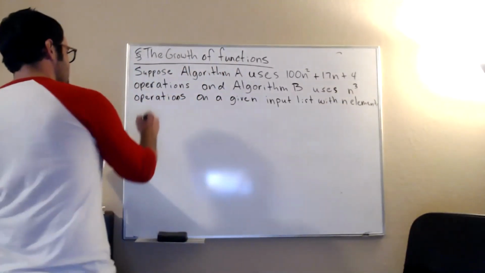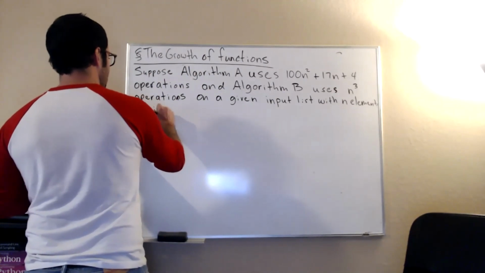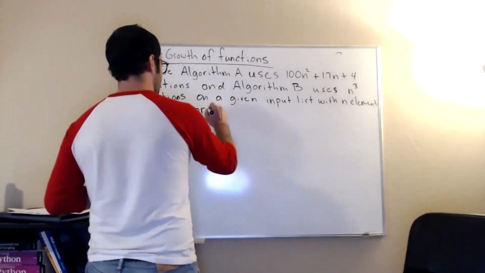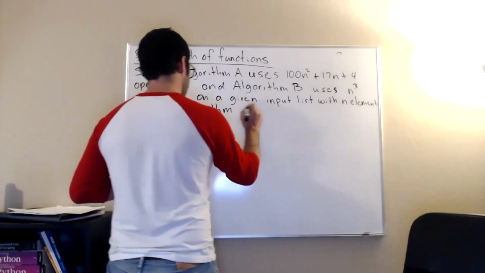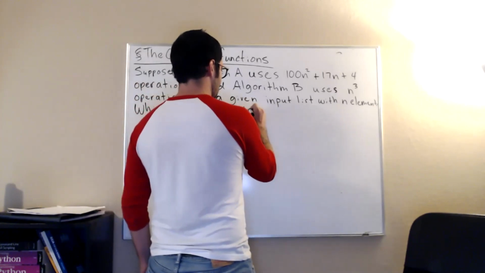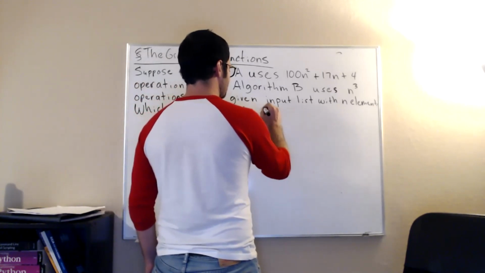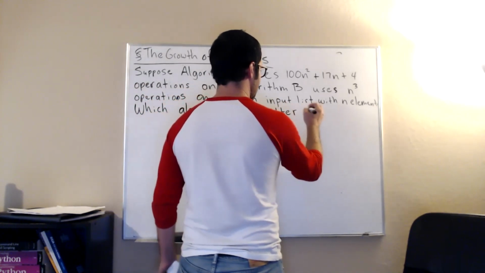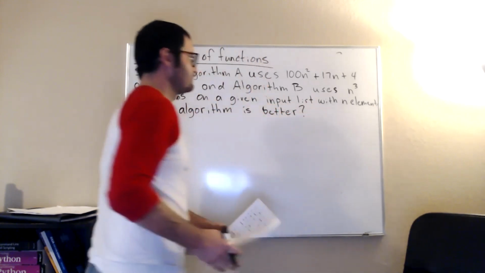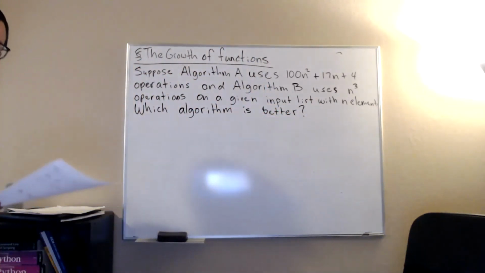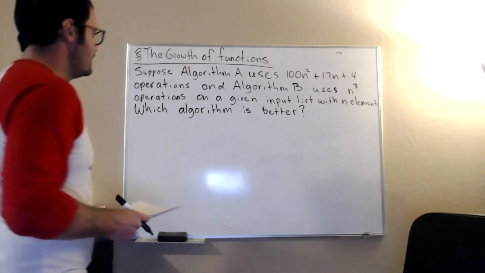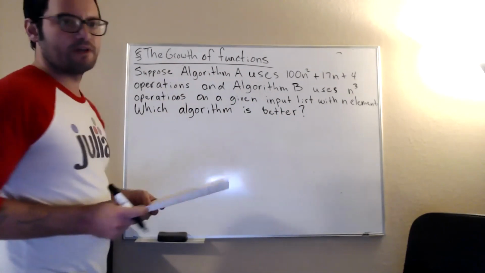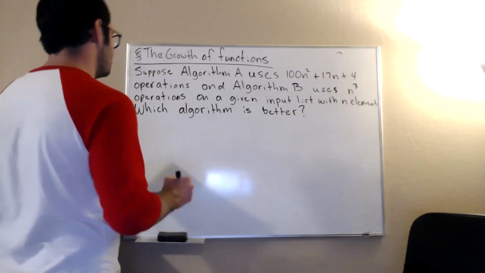Okay, so the question is, which algorithm is better in terms of computation? Which one is going to be faster? Well, in order to measure the efficiencies of these algorithms, we're going to introduce something called big O.